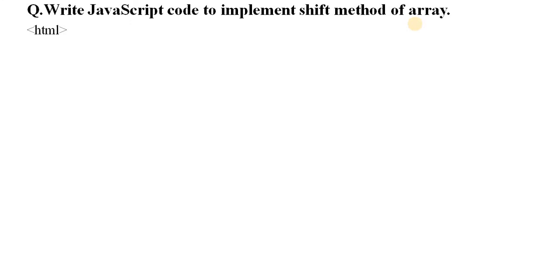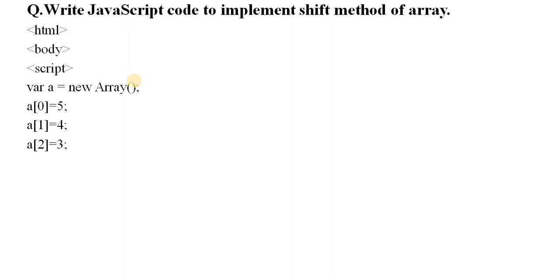First of all, take a HTML tag, after that body and script tag. After that, create one array, that is var a = new Array, and assigning values: at the 0th position I am initializing value 5, for position 1 value 4, for the second position value 3, for the third position value 2, and for the fourth position value 1.